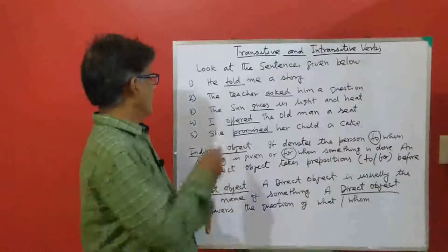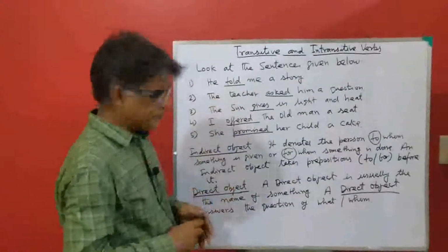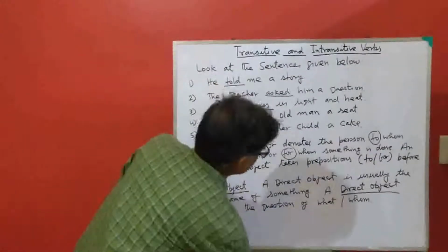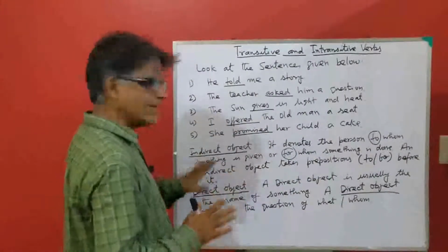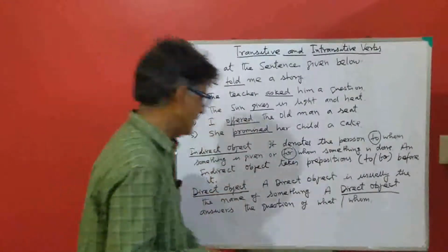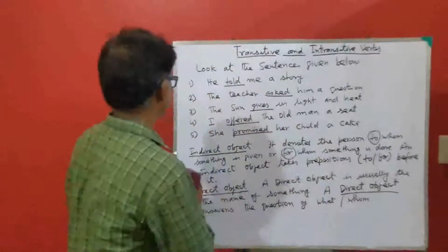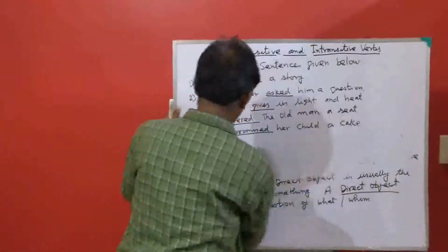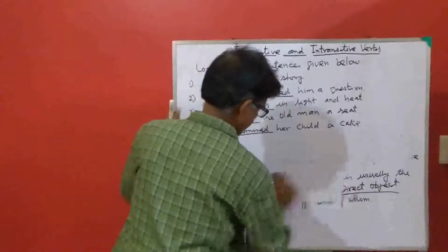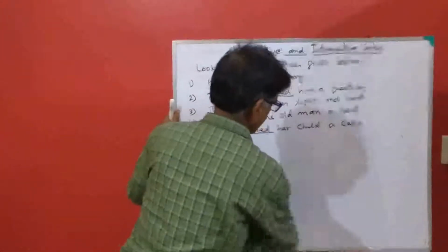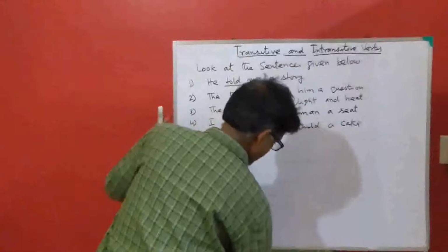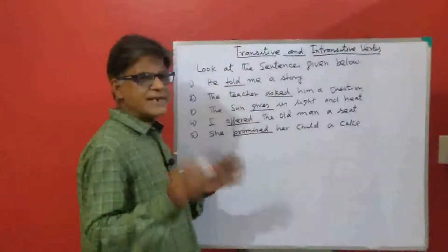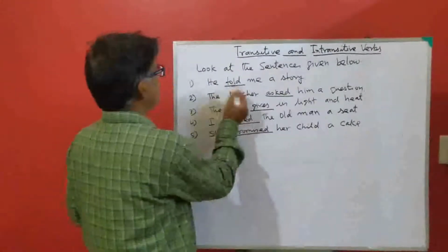So you have understood what is an indirect object and a direct object. Now what will be the sentence structure of this sentence?